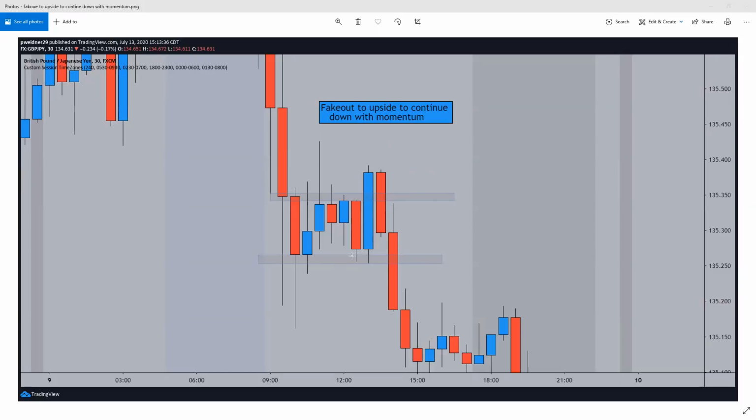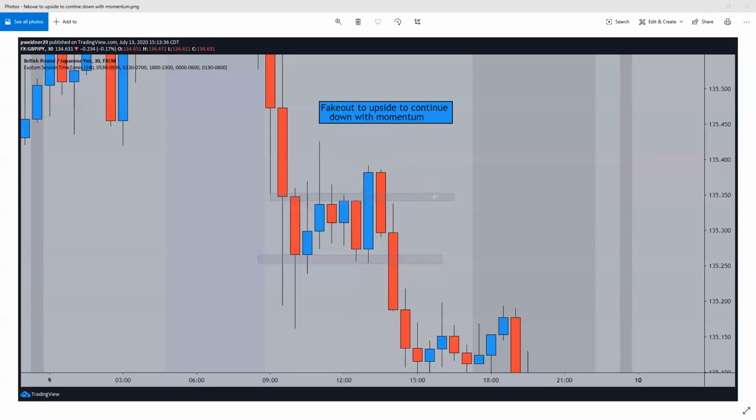And if we weren't going to break support and we were going to actually break resistance and go up, this move already happened and it already tried to go up. And then this one happened and said, no, we're not going up, we're going to go down. So the fact that it tried to go up and couldn't means that if it tries to go down, it should have a much easier chance of going down because it couldn't go up.